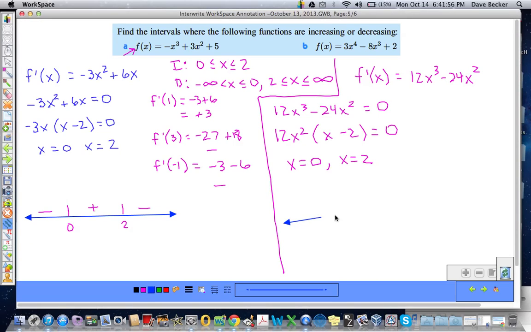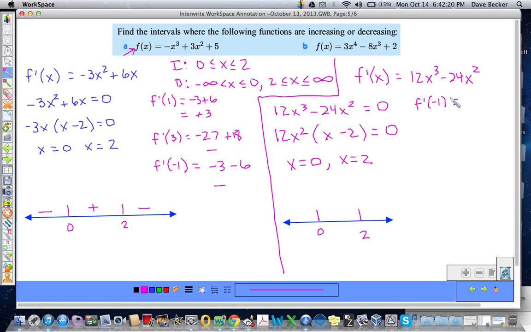That is a coincidence. Don't you worry about that. And so my little sign diagram here, and my critical points are at 0 and 2 again. Since we know what we're doing, I'm going to start to the left and work to the right. I'm going to choose negative 1. So I'm going to find f prime of negative 1.